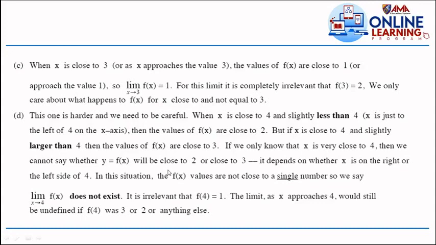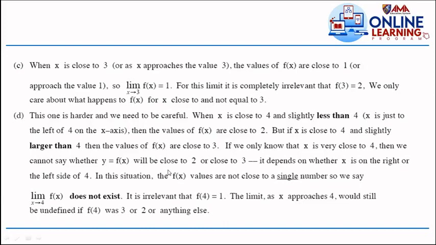But if x is close to 4 and slightly larger than 4, then the values of the function of x are close to 3. Okay? If we only know that x is very close to 4, then we cannot say whether the function of x will be close to 2 or close to 3. It depends on whether x is on the right or on the left side of 4.